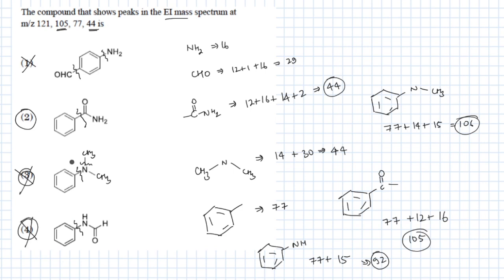So mass spectrometry is based upon a lot of hit and trial method, where you have to see the fragments. For first timers it's not that easy. You have to just keep on checking all of them. For one person who has already practiced questions on mass spectrometry, he will automatically know the mass of NH2 group, the mass of CONH2 group, the mass of methyl group.